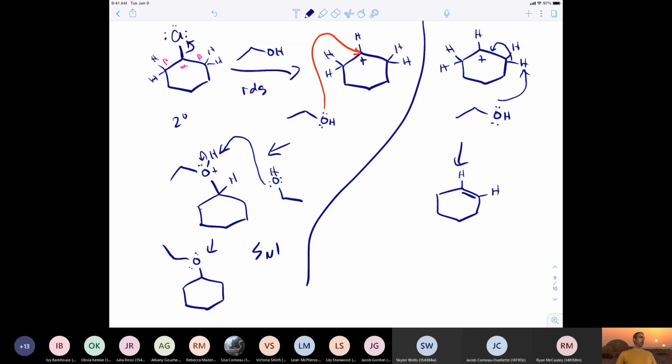You could pick the other beta, there are 4 beta hydrogens to choose from here. You can pick any one of those, it doesn't matter. Plus, I guess you have a molecule now of this, but that floats away. We don't care about it. What we care about is the organic part, what happened to our substrate here. So that's good. That's E1.